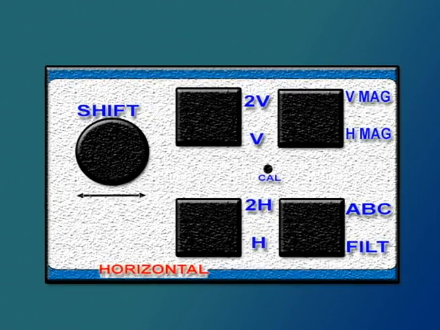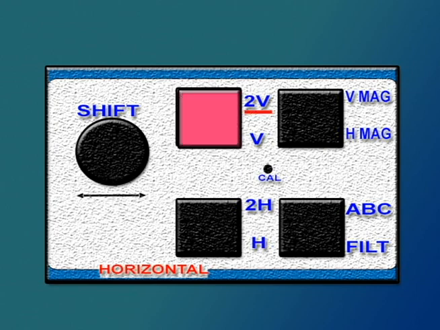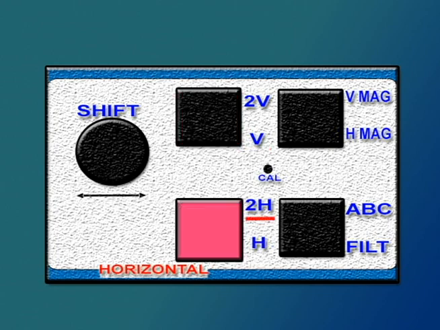The horizontal section area provides 5 controls that affect the horizontal display of the signal. Horizontal shift, the horizontal control, positions the waveform horizontally on the graticule for various measurements. 2V, 2 fields. V, 1 field. 2H, display 2 lines on the screen.